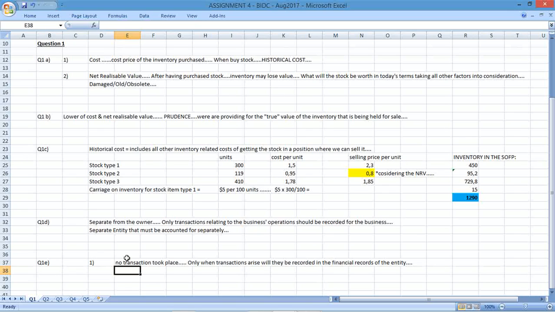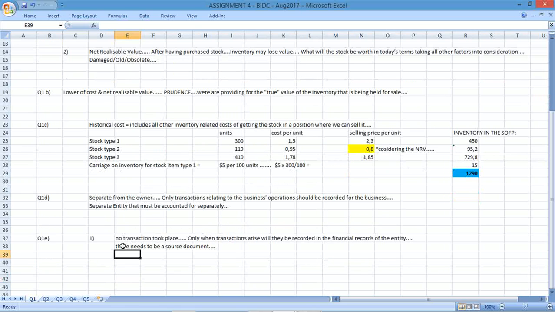Okay, so that's what we're going to be using. Transactions have to arise. There needs to be a source document. We cannot record a transaction if there's no source document. So if someone says they're going to buy from us, well, they haven't bought from us. If they do buy from us, then we'll record the transaction in our books, because now a transaction has arisen. So now we can record it.